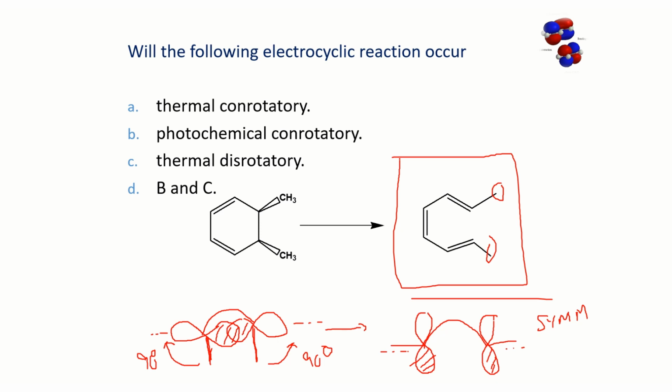Remind yourself, in the ground state, psi3 is the highest occupied molecular orbital. Is it symmetrical or asymmetrical? And in the excited state, psi4 will be the highest occupied molecular orbital. Is it symmetrical or asymmetrical?